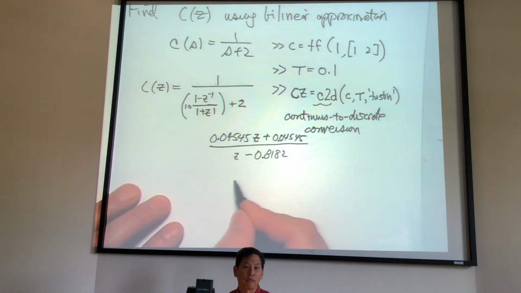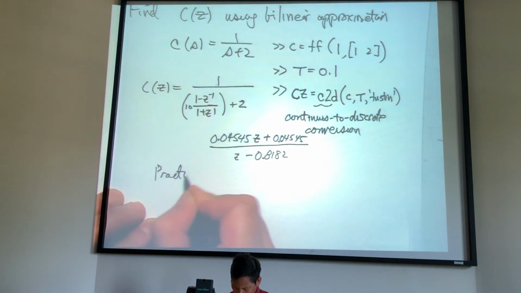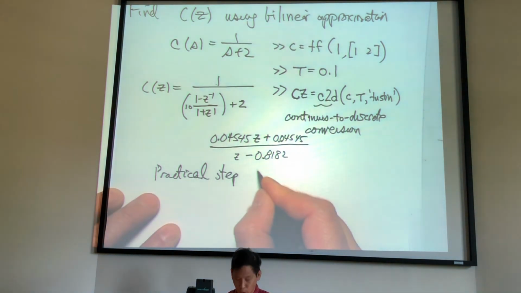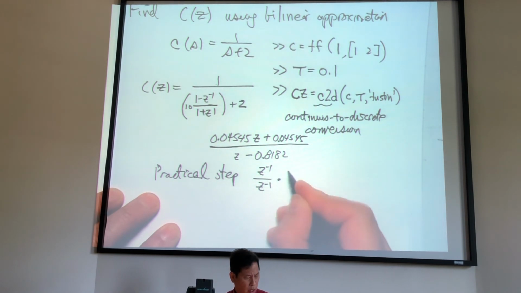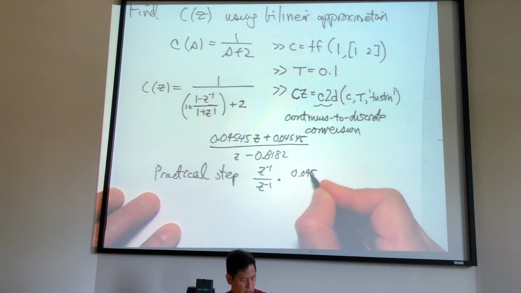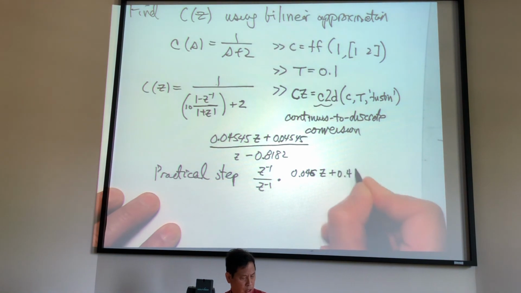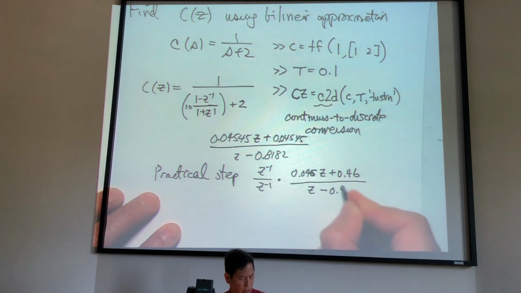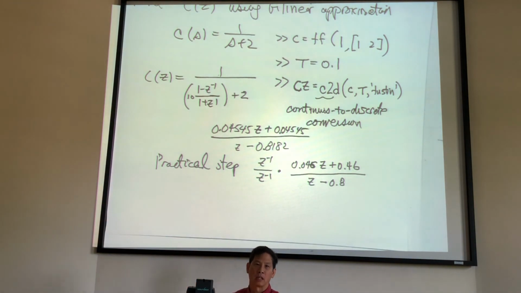All right, so how do we get past time? We've got to take a practical step. We've got to multiply through by Z to the minus 1 on top and bottom. Take our number 0.045, I'm going to just call it 0.046, I'm going to round off. So 0.046 Z plus 0.46 divided by Z minus 0.8. Okay? This is what MATLAB gives us. It's not very practical because it tells us I need future data.